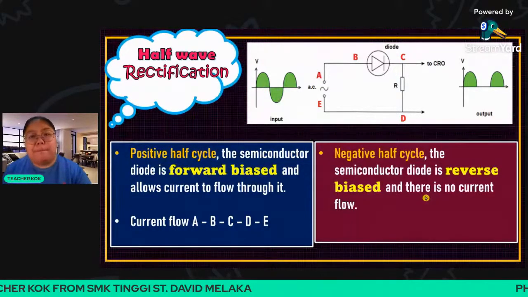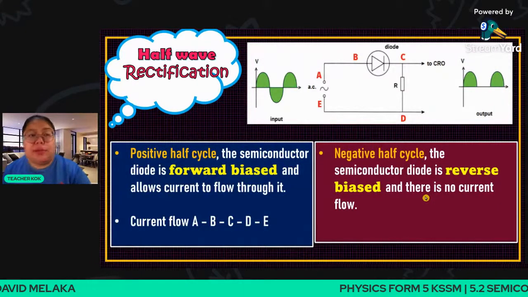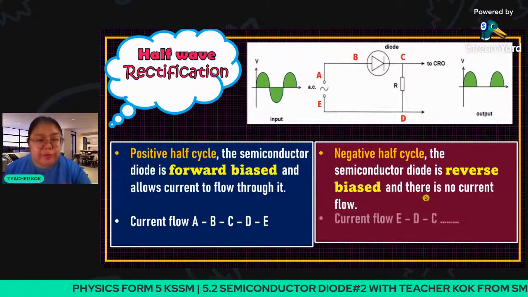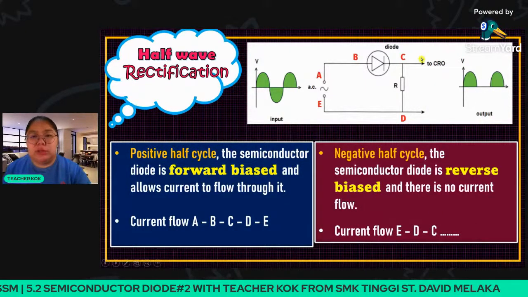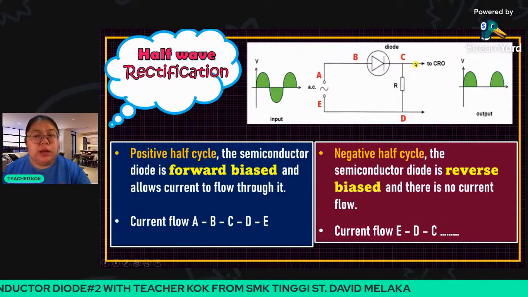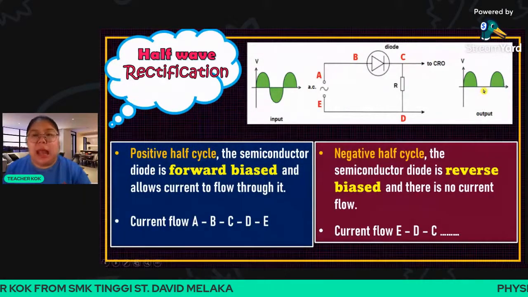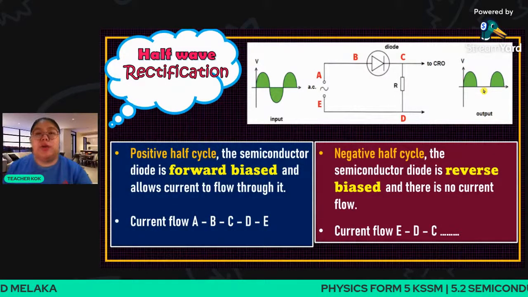You must complete the circuit, then we call it current flow. If your circuit is not complete, the current is not flowing. So the current flows halfway only. The current flows E to D to C, then stops. No more. So in the second cycle, you can see there is nothing.